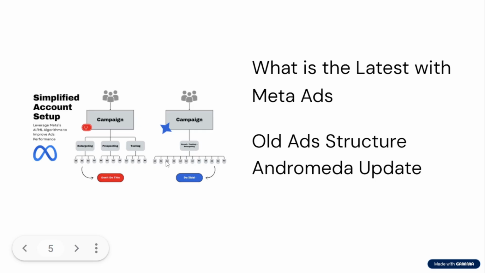So now creative is what wins in 2026 with Meta ads. The reason why I said creative is what wins is you pack everything inside of one single ad set. You don't need multiple ad sets that might affect your budgeting.